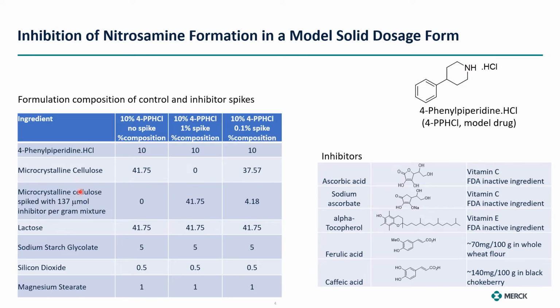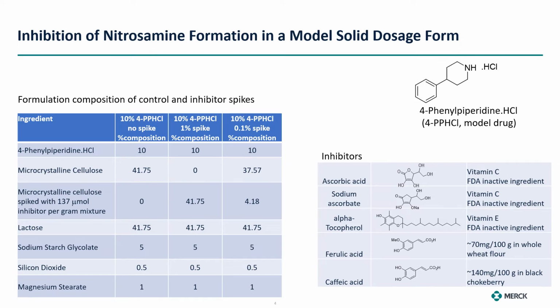And to make these tablets, we used these common excipients. Now, from your previous talk, you know that these excipients contain nitrite as an impurity. That means in our tablet, we had a vulnerable amine, 4-phenylpiperidine hydrochloride, and nitrite from these excipients. That means we had both the ingredients to form nitrosamines in drug product.